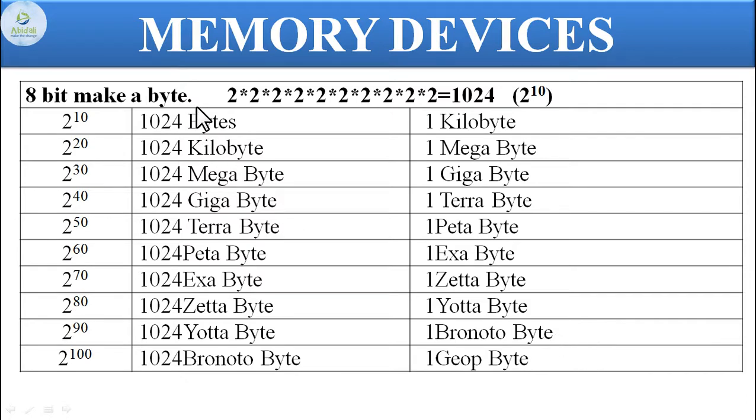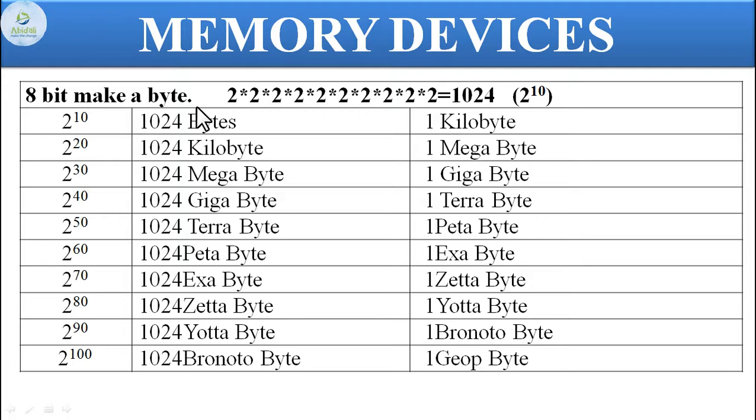Now, when we are talking about memory, as you already know, the binary digits, that is zeros and ones, are used to represent the data or the information in the memory of the computer, because the computer understands only one language, that is called the binary language.